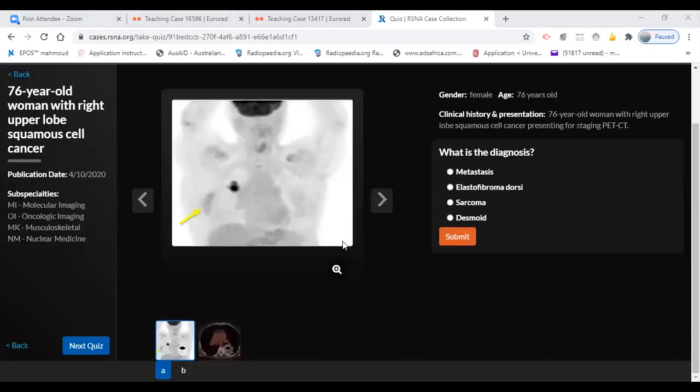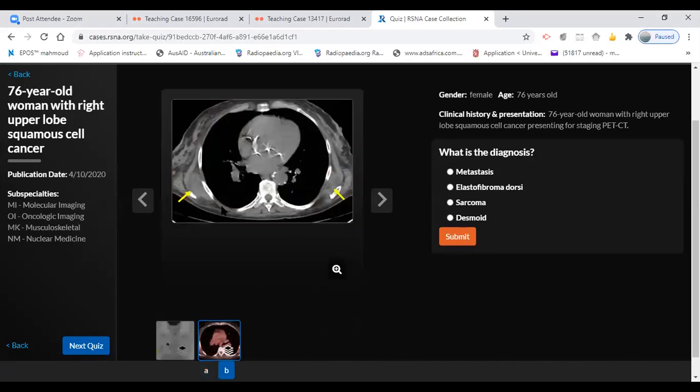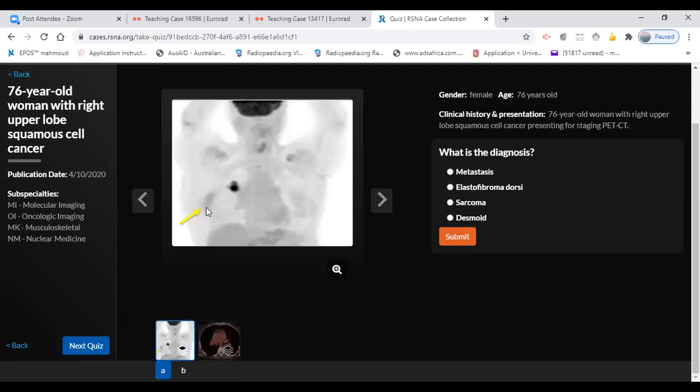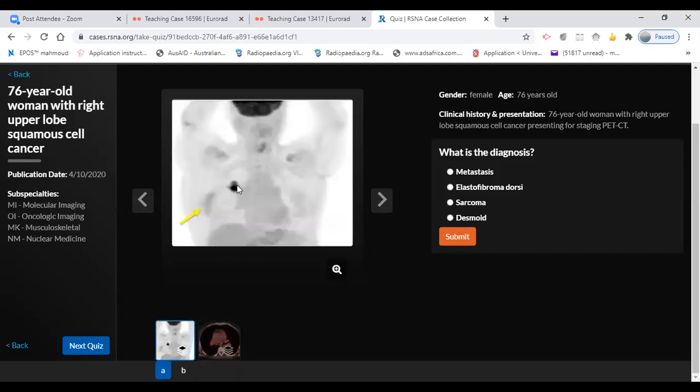Yes, elastofibroma dorsi. Let's have a look at the axial view. Yes, typical appearance on the CT and typical location, and the uptake is less. So you are dealing with elastofibroma dorsi, which can have some uptake, but sure it will not be the uptake like the right upper lobe squamous cell carcinoma tumor.